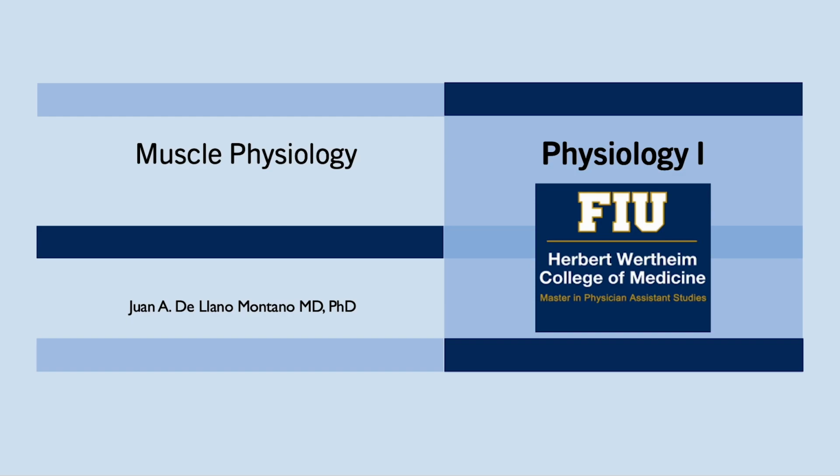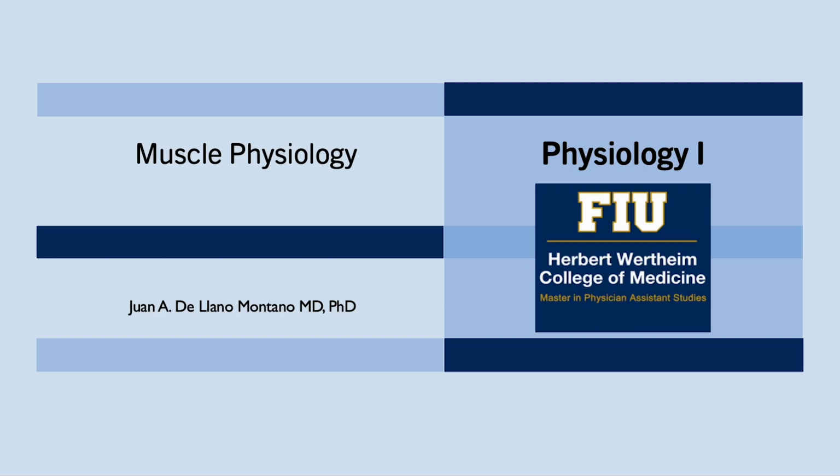Briefly, we are going to compare the different types of muscle fibers, and we are going to mention the differences in the physiology between the skeletal muscle contraction and characteristics and the smooth muscle and cardiac muscle. We are going to dedicate more time when we move to the cardiovascular system to speak about the cardiac muscle. So in this part, the focus will be the skeletal muscle physiology.